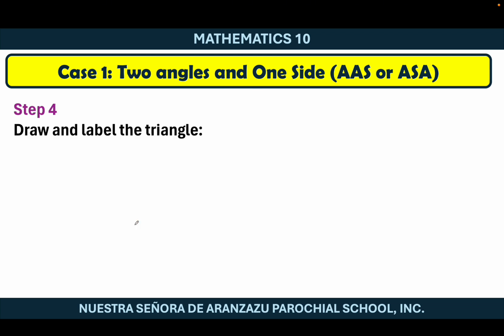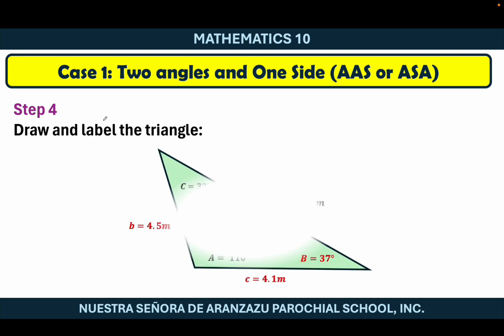Then for the last step, we have to draw and label the triangle. We have solved all the angles and sides, so it's about time to draw and label the parts. Angle A is 110, with opposite side 7 meters. Angle B is 37, and the opposite side is 4.5 meters.